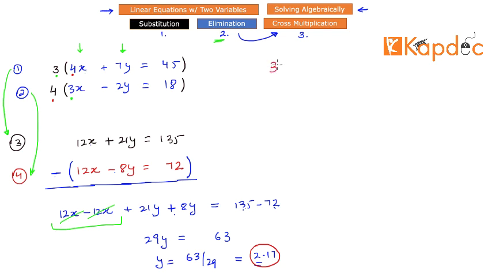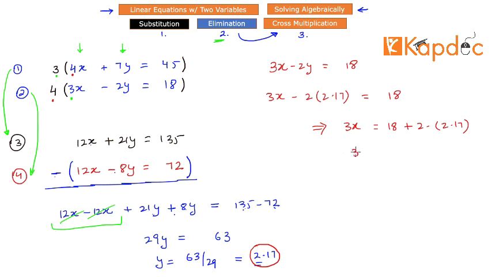So let me pick my second equation, 3x minus 2y is equal to 18. Substituting this value of y gives you 3x minus 2 times 2.17 is equal to 18. Or alternatively, you can say that 3x is equal to 18 plus 2 times 2.17.